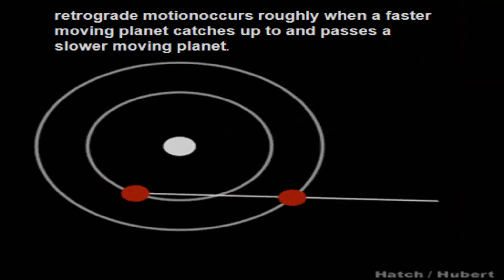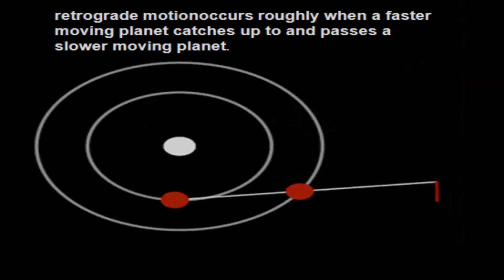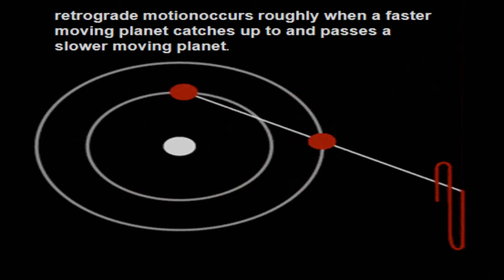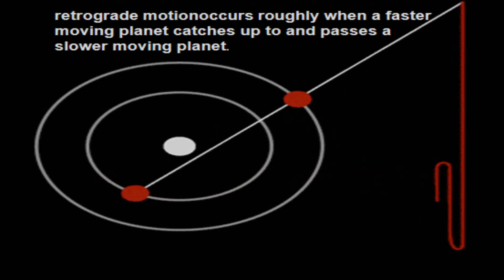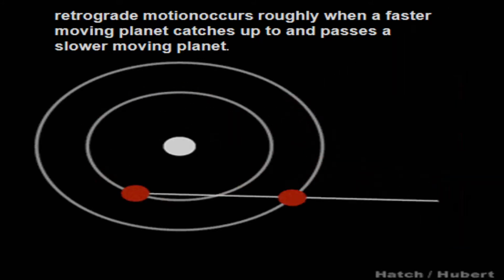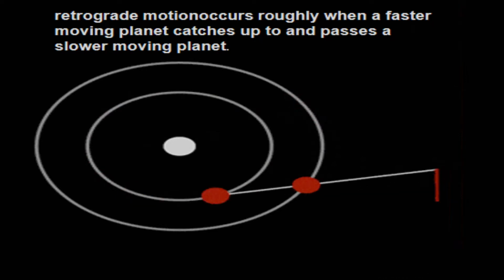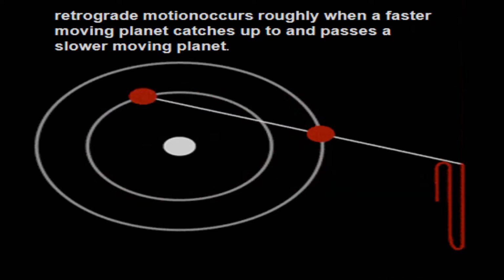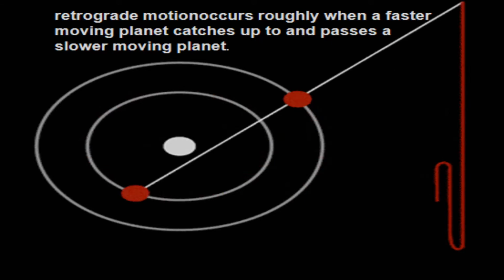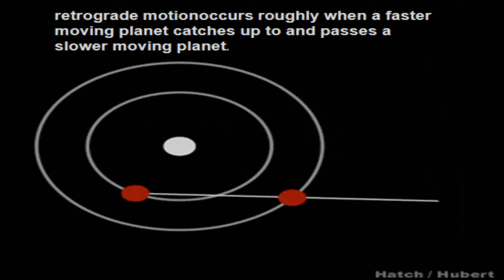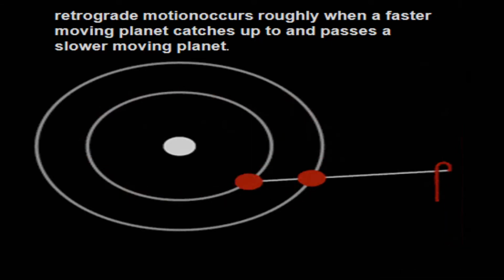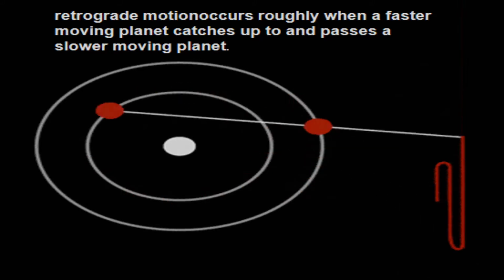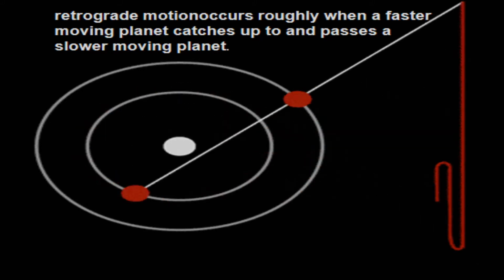Now you will notice in the explanation provided by Nicholas Copernicus in explaining the retrograde motion of the planet, especially that of Mars, he eliminated the use of epicycles. He never mentioned anything about epicycles in his heliocentric model.